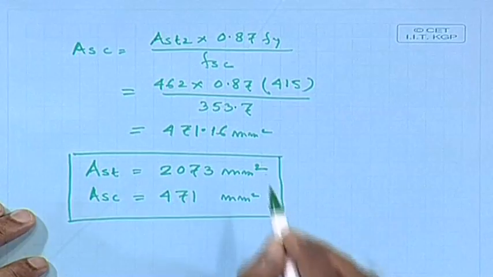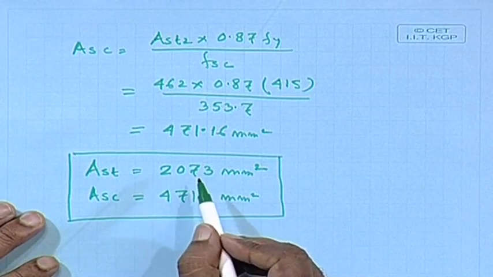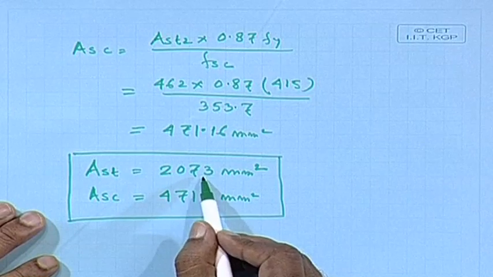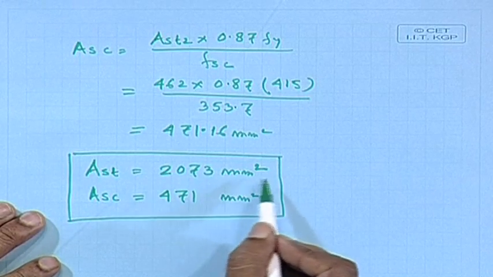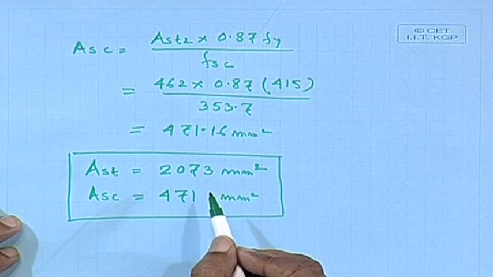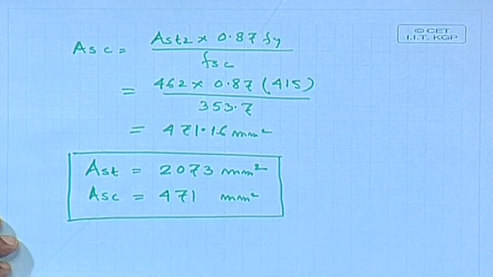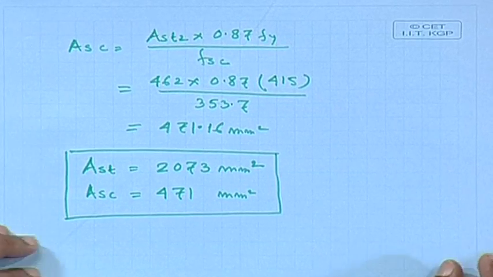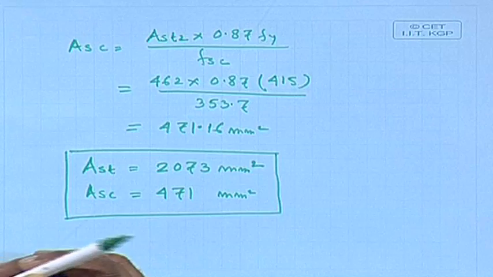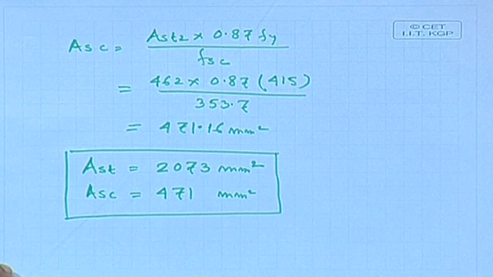So, this is your design, and we can finally provide the reinforcement also, that it may come again that 525 and 220 something like that can come. So, you can provide the actual reinforcement also. So, we have done two problems, one that analysis of beam and the other one the design of doubly reinforced section.